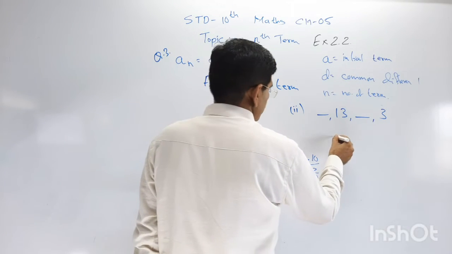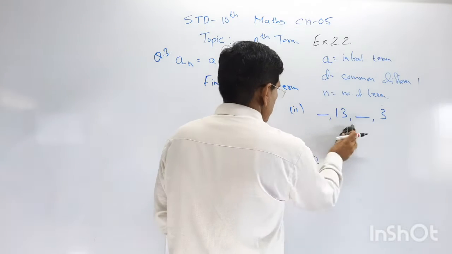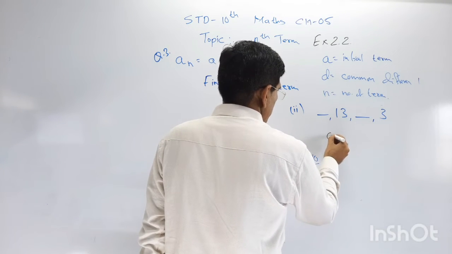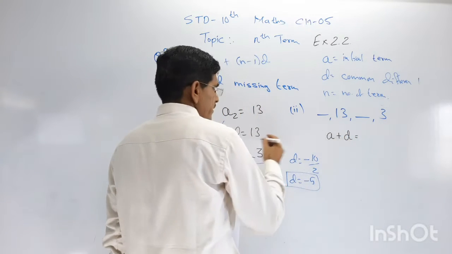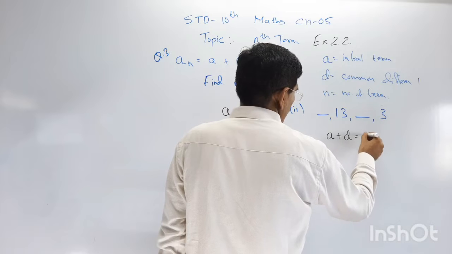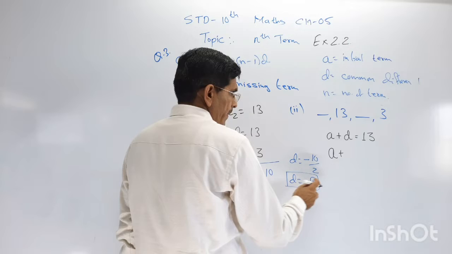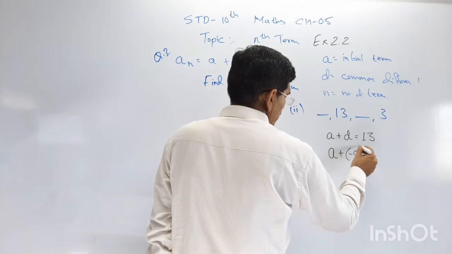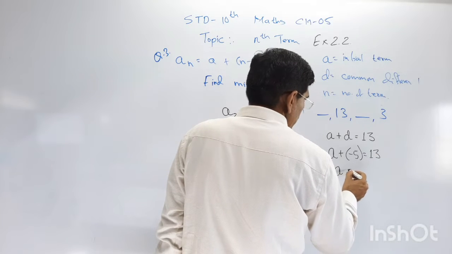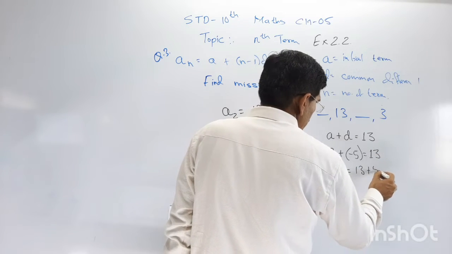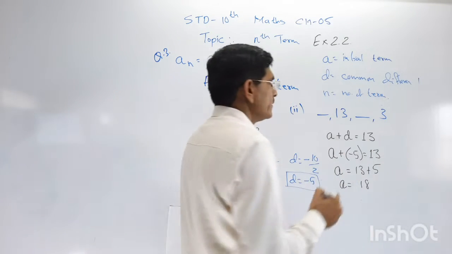A plus D is 13, with D equal to minus 5, A minus 5 is equal to 13. So A is equal to 13 plus 5, that is A is equal to 18.